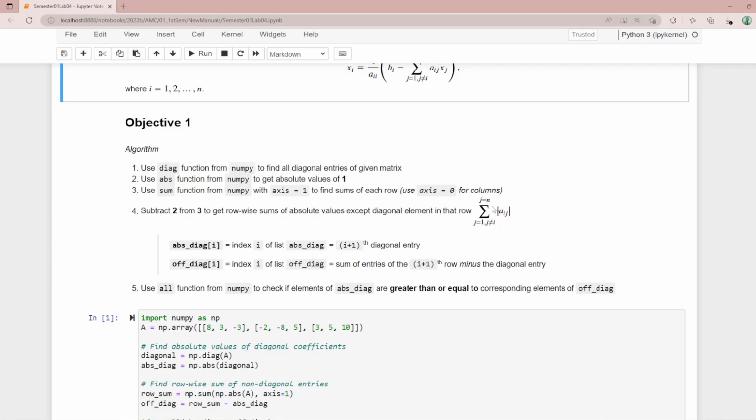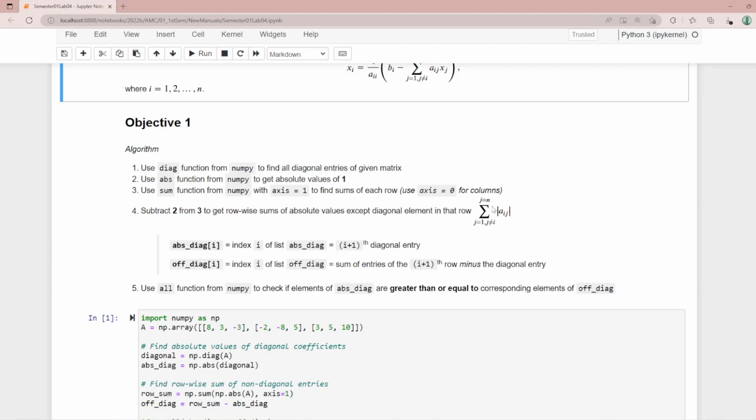The fourth step is to subtract the diagonal entries from the summation, and we'll get off_diag as a new list containing the row-wise summation of the absolute values minus the corresponding diagonal entry.